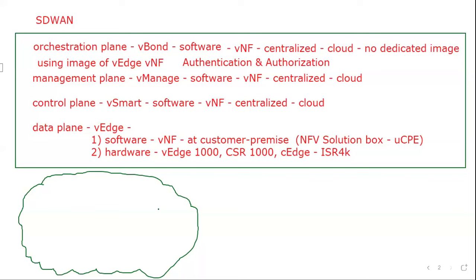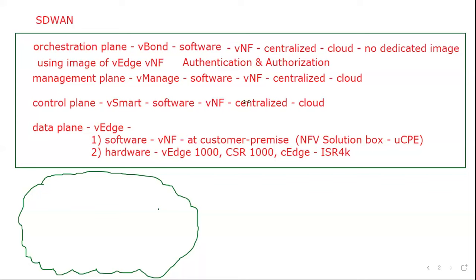But universal CPE is hardware that does not dictate which image you need to run. You can run any image on it.